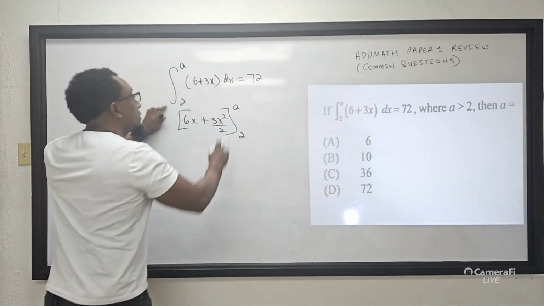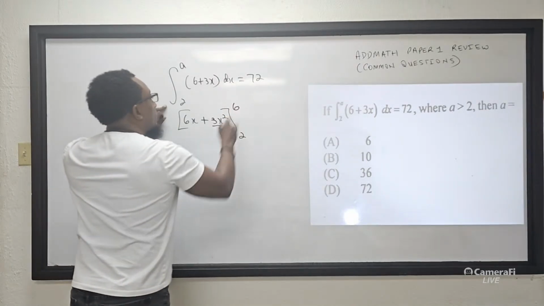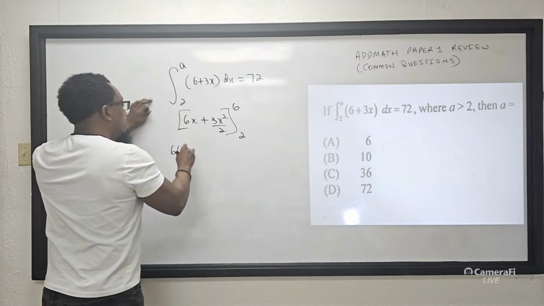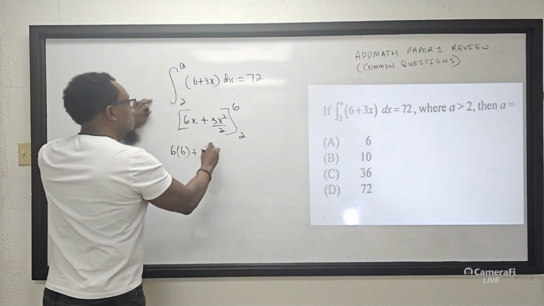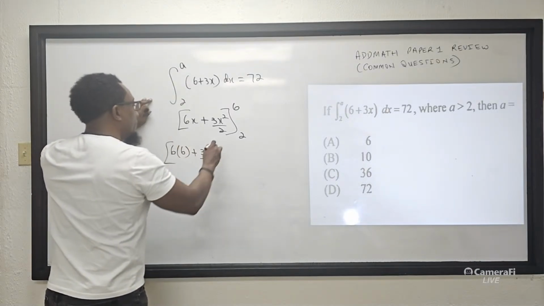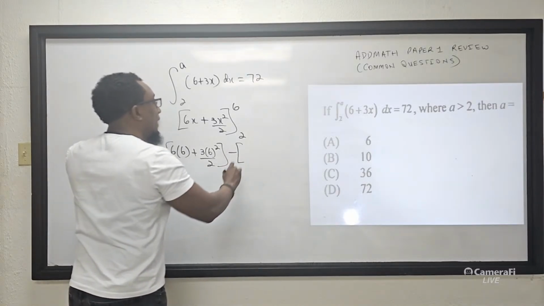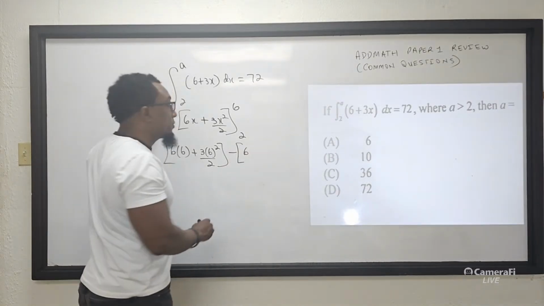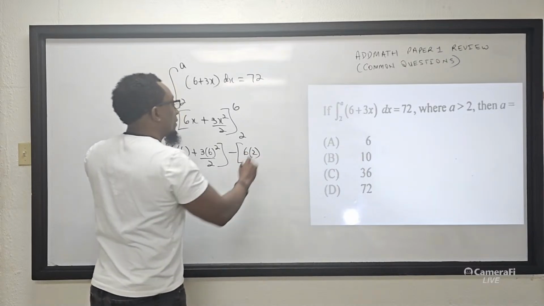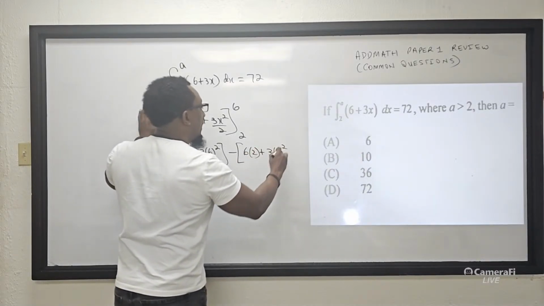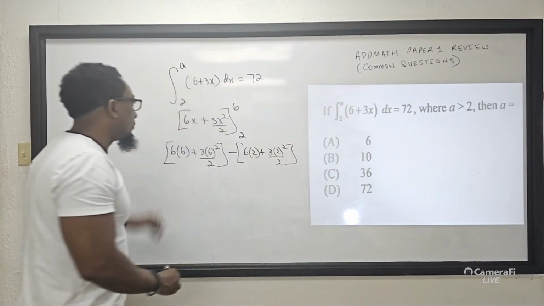So when a is 6, and I replace a with 6, I'm going to get 6 times 6 plus 3 times 6 squared all over 2. And we know we have limits, this is the approach we take. Subtract, substitute the lower limit: 6 times 2 plus 3 times 2 in brackets squared all over 2.